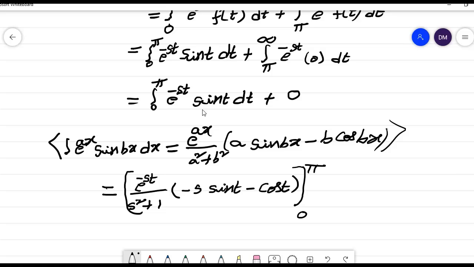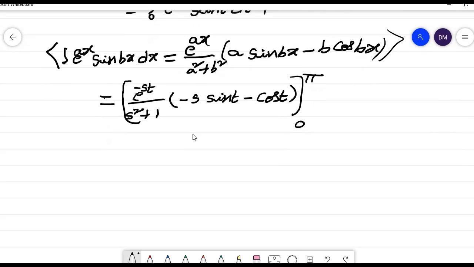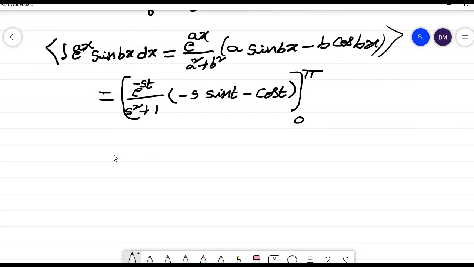Next step is to substitute the limits. Substitute the upper limit pi in place of t: e power minus s pi by s square plus 1 into sin pi, which is 0, minus cos pi, which is minus 1, and minus of minus 1 is plus 1.